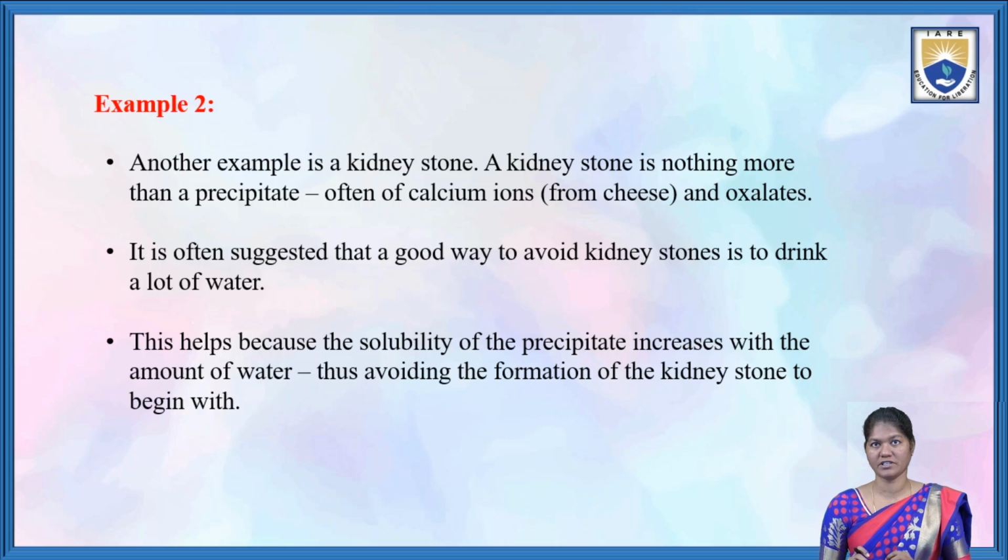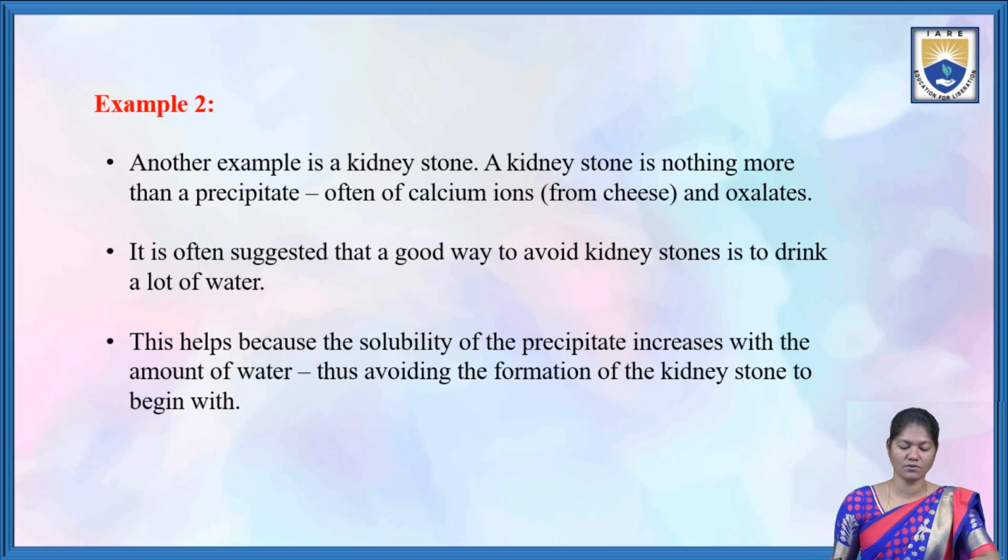In general, to understand this clearly, we can discuss another example, related to a kidney stone. A kidney stone is nothing more than a precipitate, so it can also be taken as an example of the precipitation process.